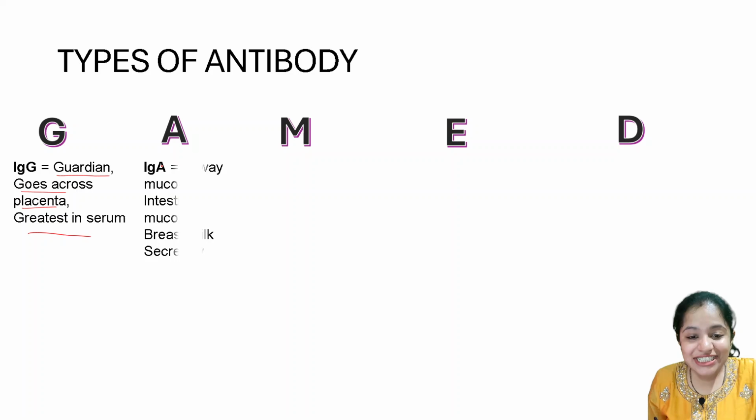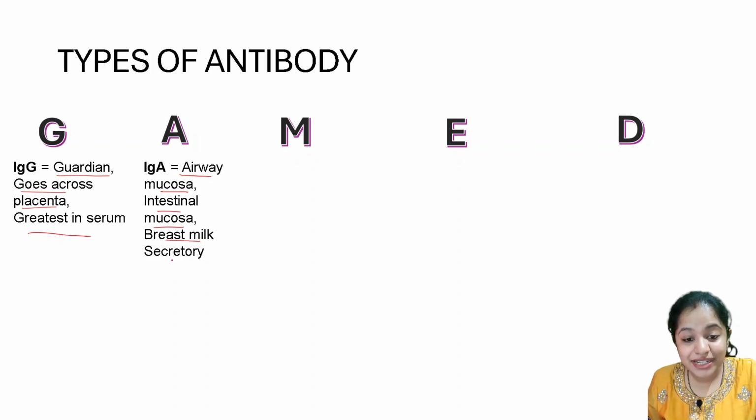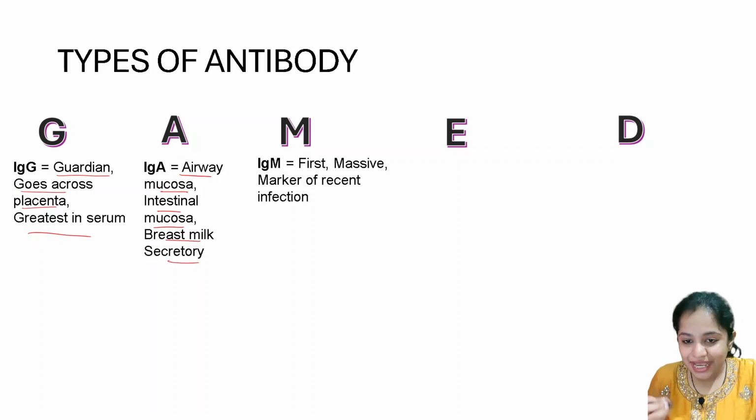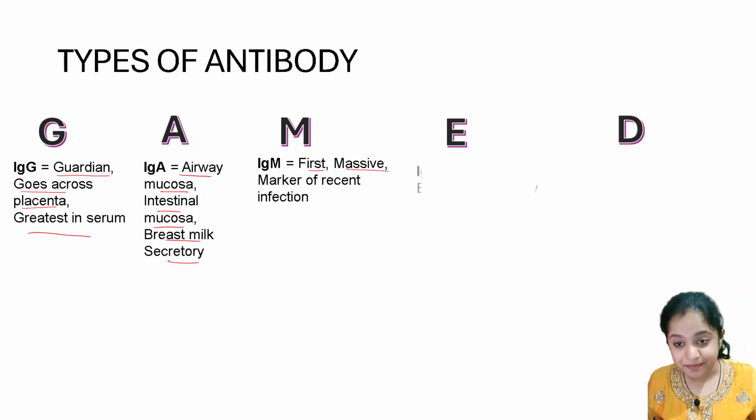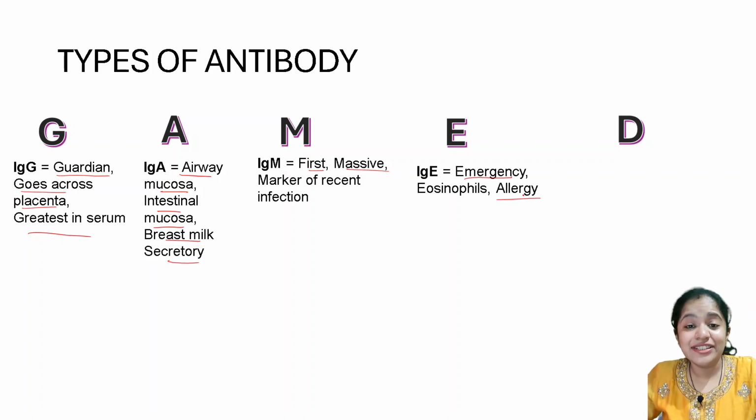IgA is present in airway mucosa, intestinal mucosa, all the secretions, and in breast milk. IgM is the first one to be secreted. It's massive, it's huge, and it's a marker of a recent infection. IgE is present in emergency like your allergies, anaphylaxis. It is also associated with eosinophils.